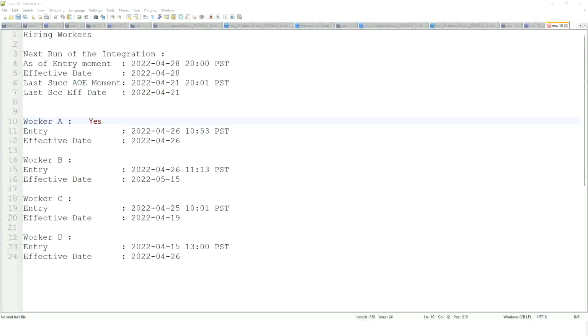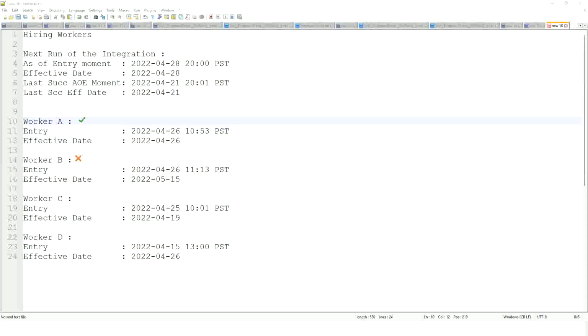It's a future date, so we are not too keen, right? We think that no. So worker A is yes. Let me just use ticks for this. Worker B, we are thinking that probably no. Okay. We will come back and visit it later, if it is different.